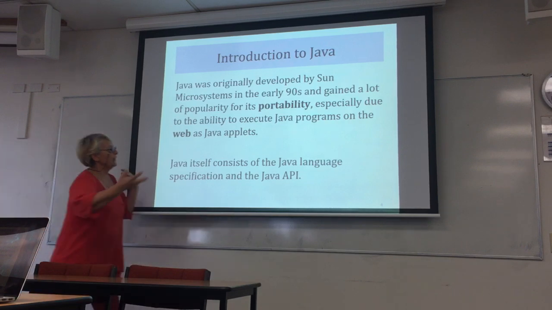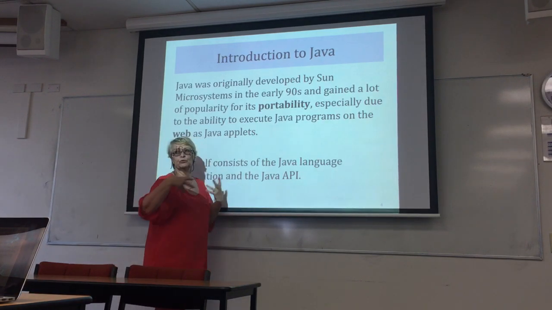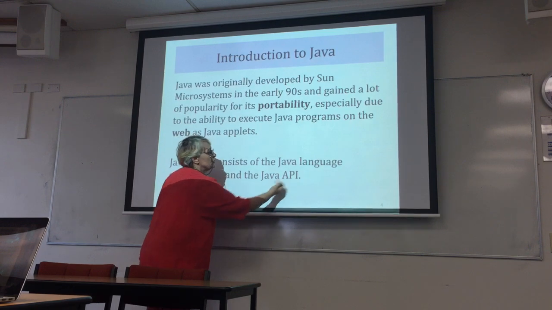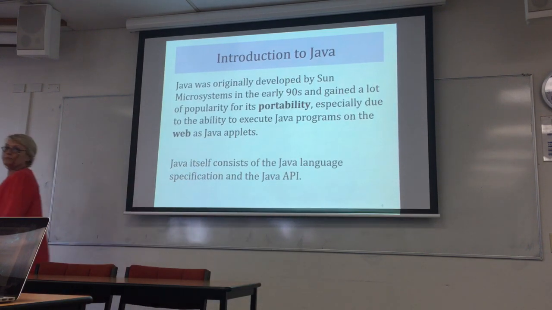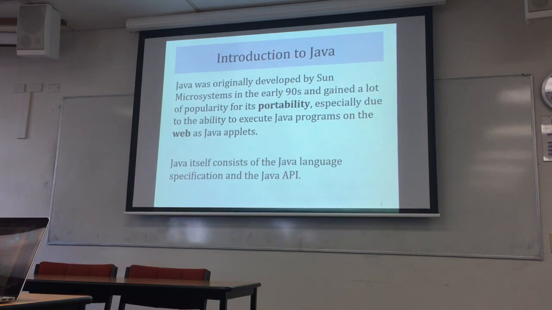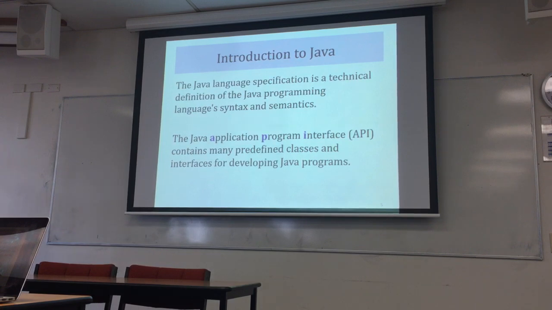There are two things, the Java language, which we will cover, and the Java API, which is a large collection of information about what tools you have there. So our concern is more about syntax and semantics.